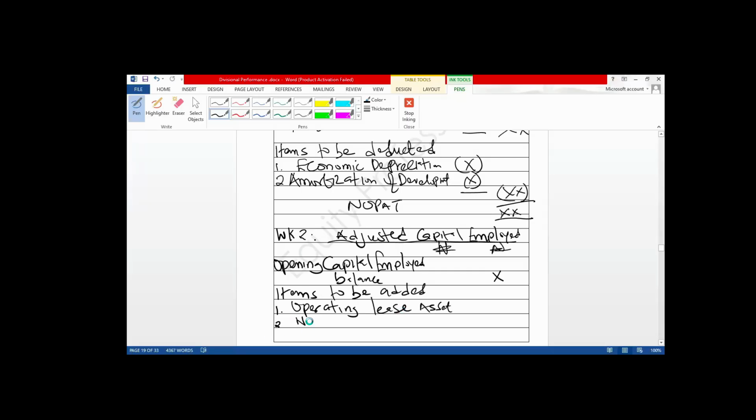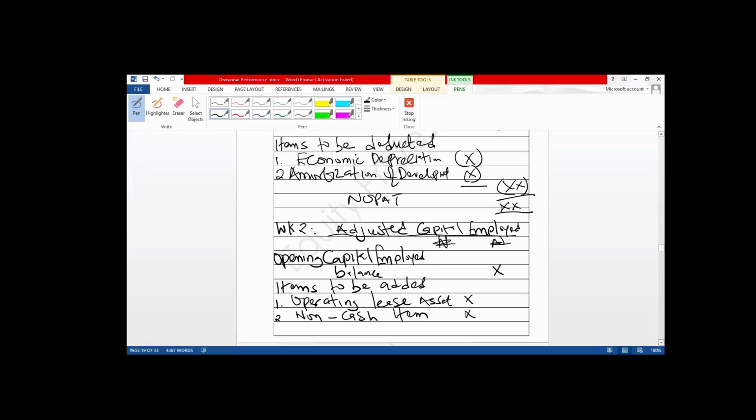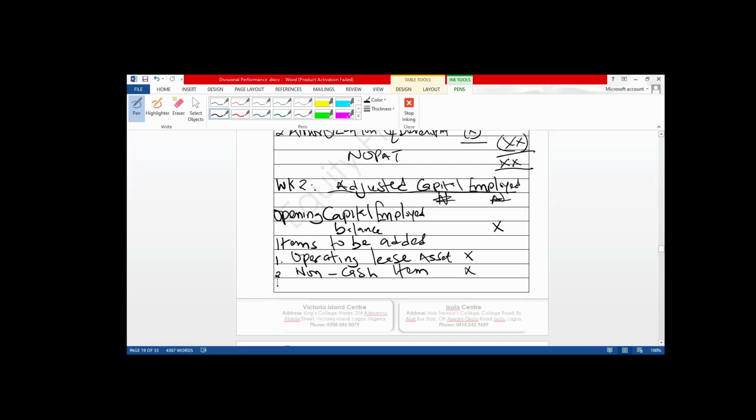Two, non-cash item. Add back. Three, increase in provisions. Add back. These three items will be added back.